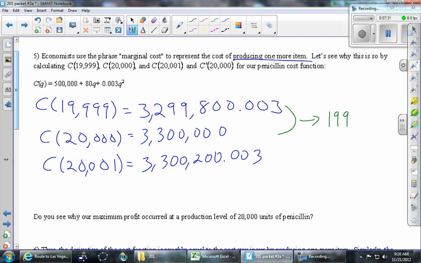So it's $199 and what, like 997? Is that right? Okay, so that's what it costs us to produce the 20,000th unit. When you subtract the next two, you'll find the cost of producing the 20,001st unit. Is this one a little more or a little less than 200? That's just a tiny bit more than 200 by fractions of pennies, okay?